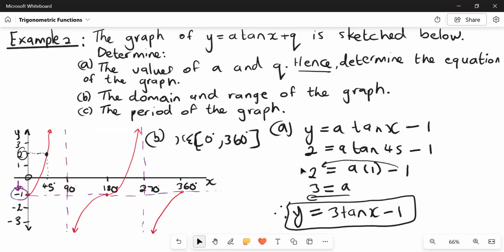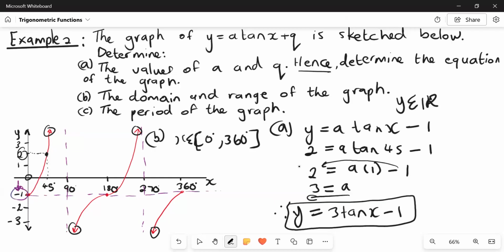And then the range, because of these arrows, which implies that the graph doesn't stop in terms of y, which means you will have y an element of real numbers. The graph doesn't stop in terms of y values. It continues. Or you can say y is an element of negative infinity to infinity. Perfect. And then we're done.